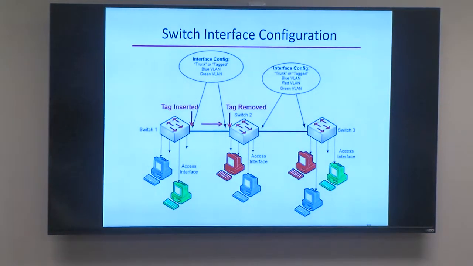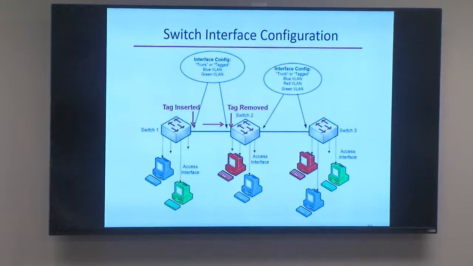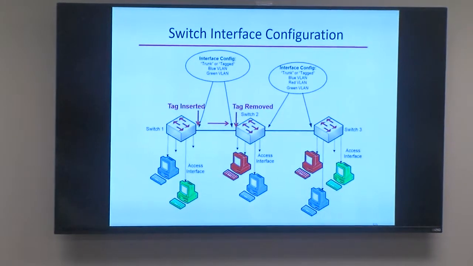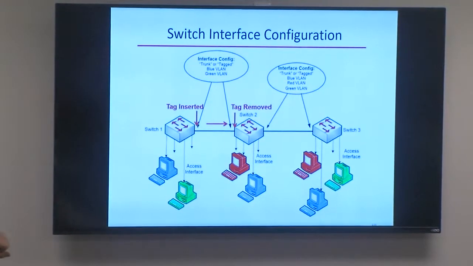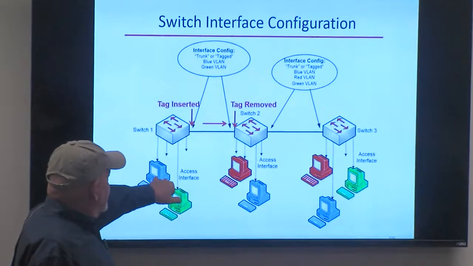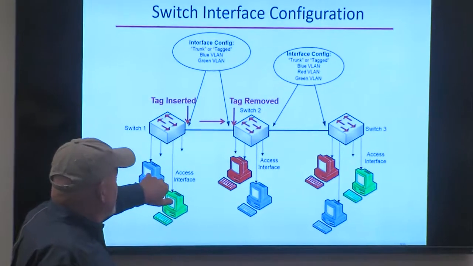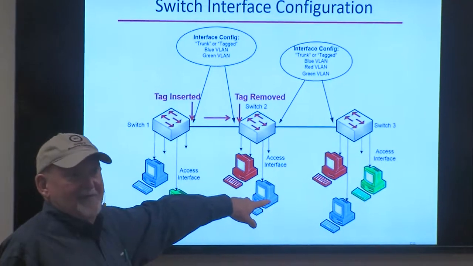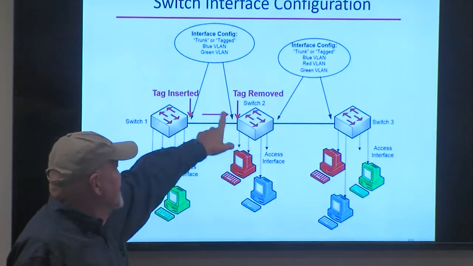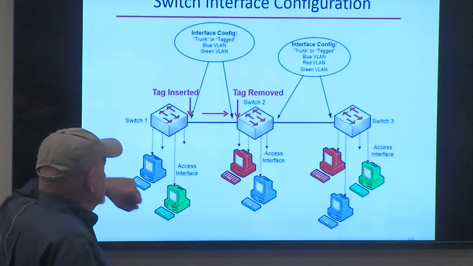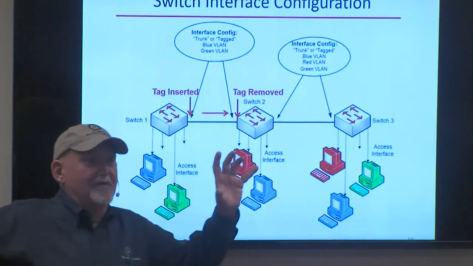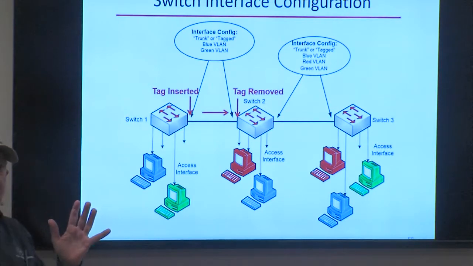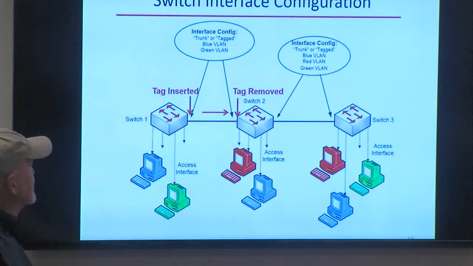So how do we know what VLAN a frame is associated with or a member of? If I send a frame from this host, which is a member of the blue VLAN, to this switch that needs to go, let's say, to that blue host, how does the switch know what to do with it? Because if you remember the frame format, there was nothing in the header information that said anything about VLANs, just destination MAC addresses and stuff.